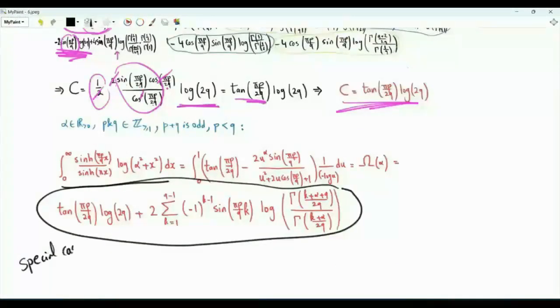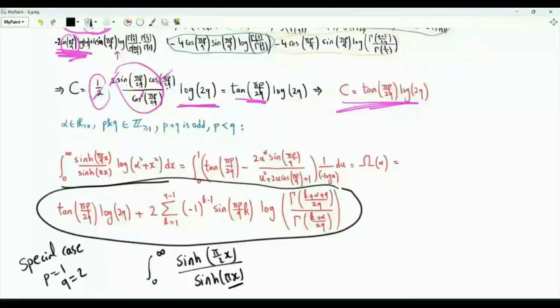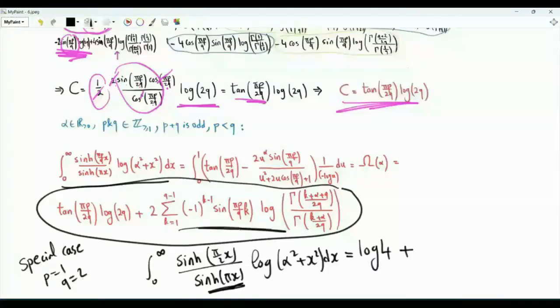As a special case, if p is equal to 1 and q is equal to 2, the integral from 0 to infinity, the hyperbolic sine of pi over 2 x divided by the hyperbolic sine of pi x. Note that this ratio is 1 over 2 times the hyperbolic cosine of pi x over 2. If this ratio is multiplied by log of alpha squared plus x squared dx, we get tan pi over 4, that's 1, log 4, because q is equal to 2, we just have one term from this summation here, corresponding to k equal to 1.